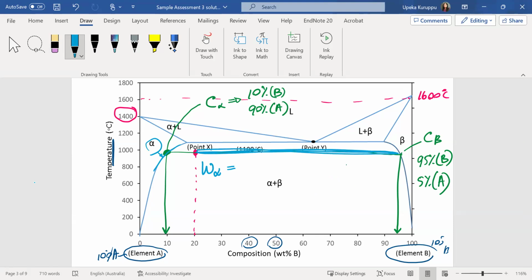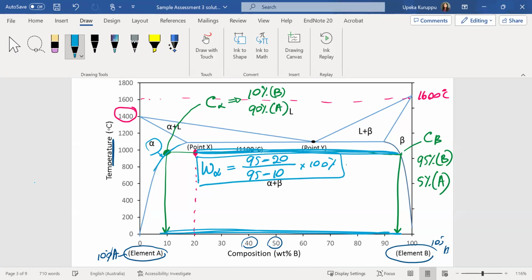The length of that line is 95 minus 20, am I right? And then you divide by the total length, which is 95 minus 10. You make it a percentage, and that will give you the weight percentage of alpha. Is it clear?